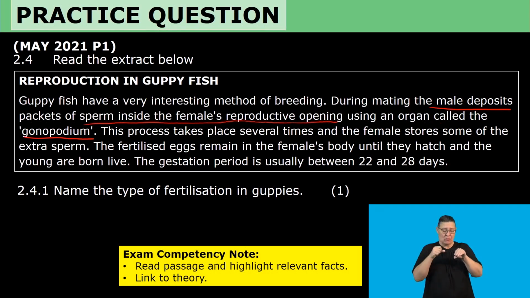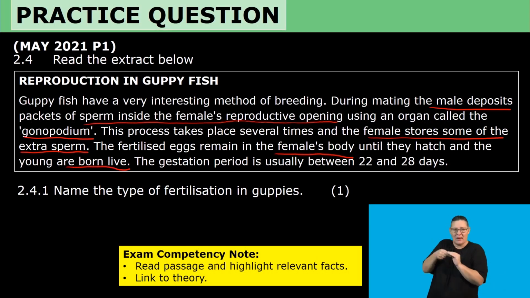This process takes place several times, and the female stores some of the extra sperm. The fertilized eggs remain in the female body until they hatch and the young are born live. The gestation period is usually between 22 and 28 days.